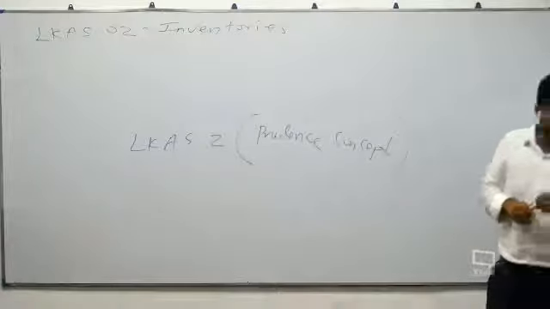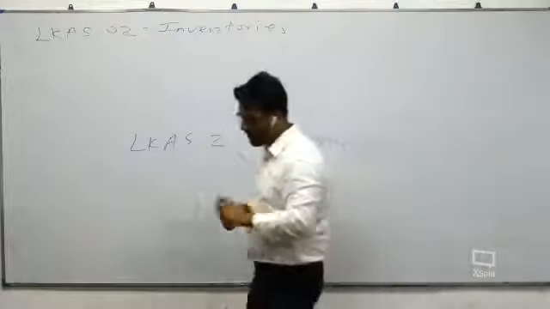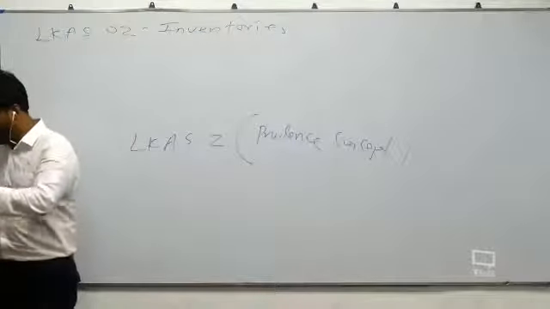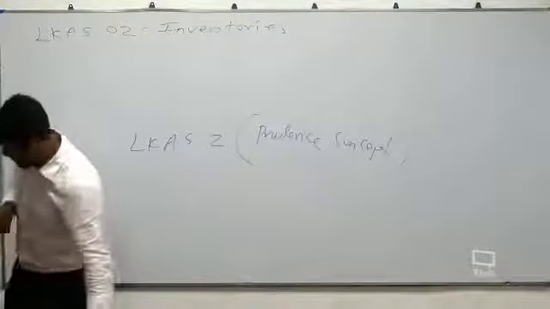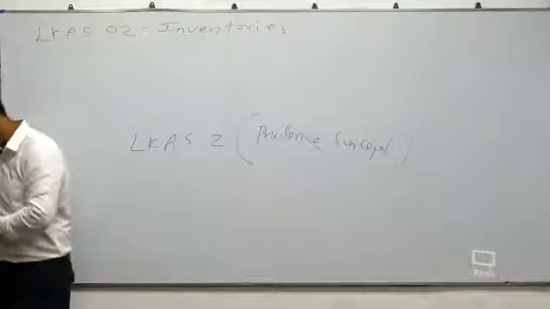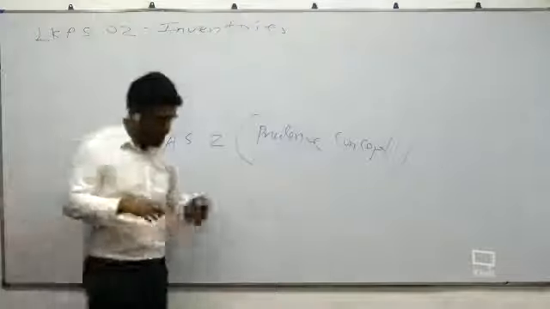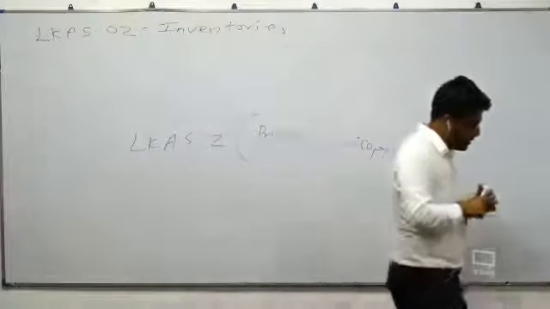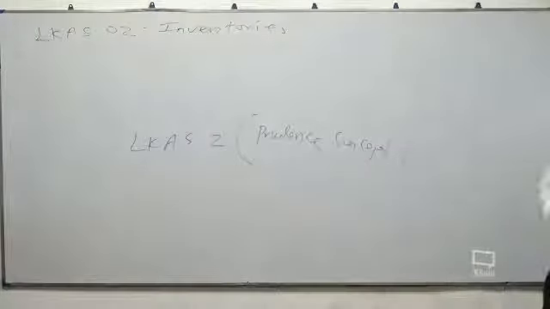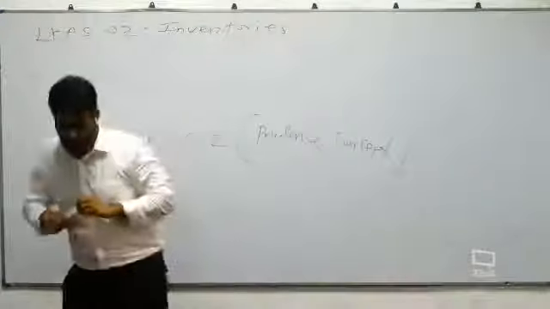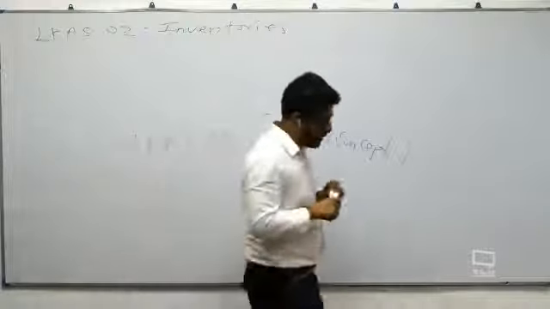Now, guys, I'll explain to you. I'll give you a small example on this. This is important. All the students, please write down below that. Example one. Write it down.